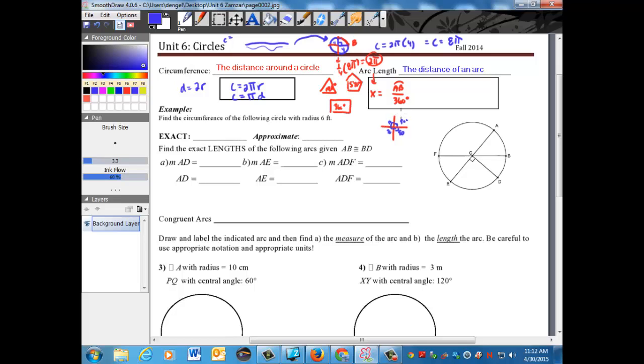So we have a window of 90-degree angles. Well, we can draw a circle that would encompass all of this, and we add up the four 90s to get 360. All circles have 360 degrees in them. So it's no surprise that we take part of our arc divided by 360, and then we have to multiply this by 2 pi r, which is our circumference.